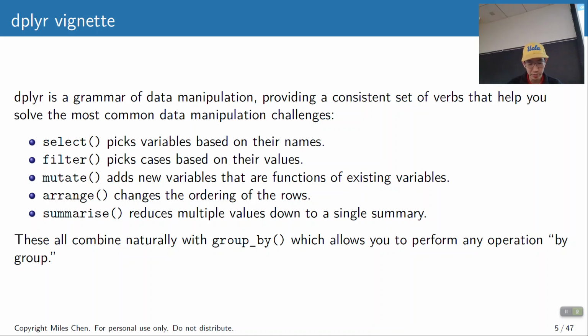Arrange will take our results and sort them in a way that we like. Summarize will take information from many rows and summarize it down into one set of values, which is what summary functions do. And then summarize, and actually all of the functions, will pair with group by.